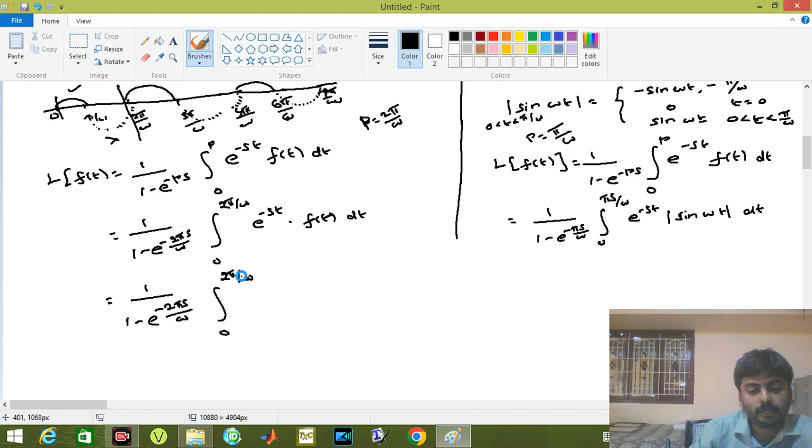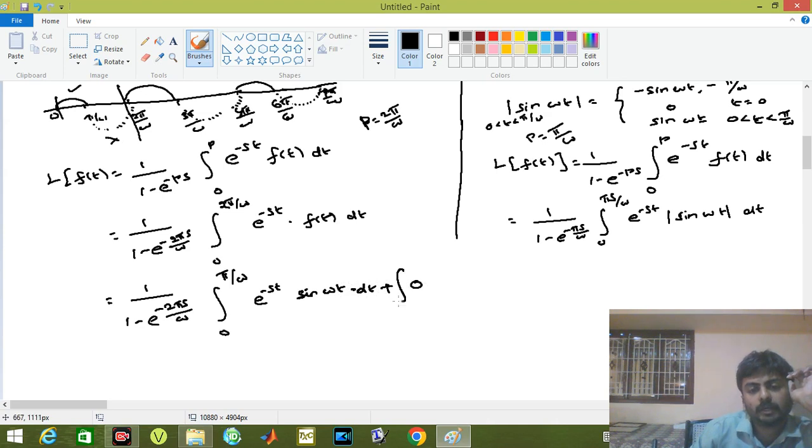So it is 0 to pi by omega, e power of minus st into sine omega t dt, plus the other half will become 0.